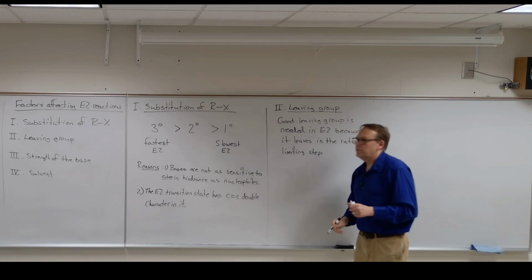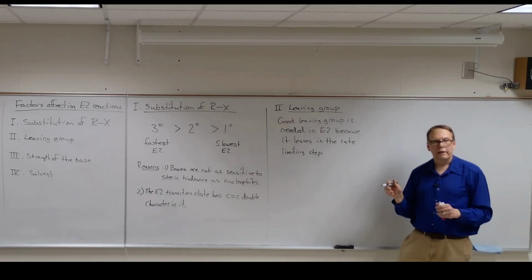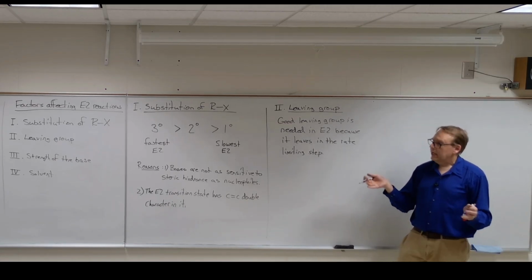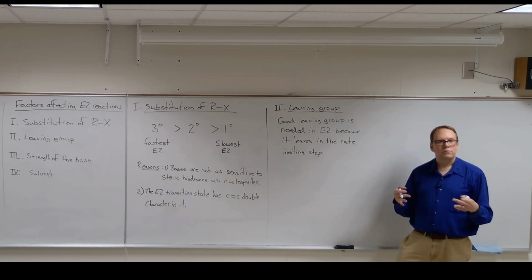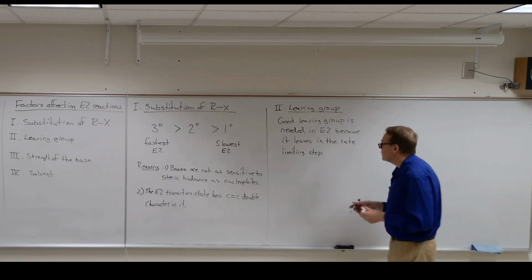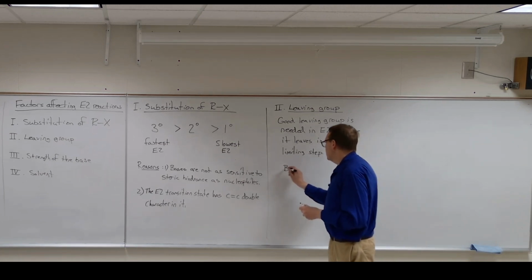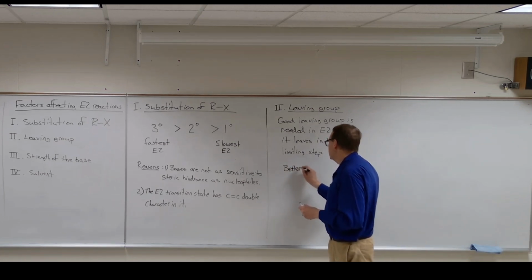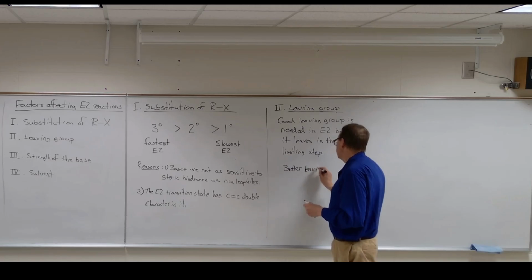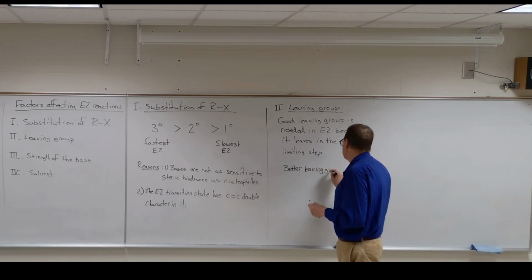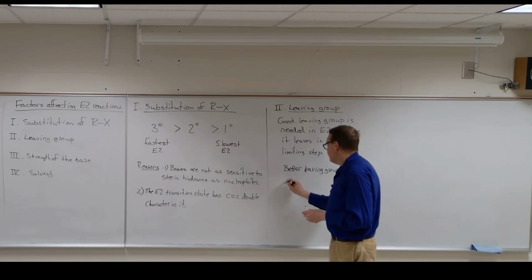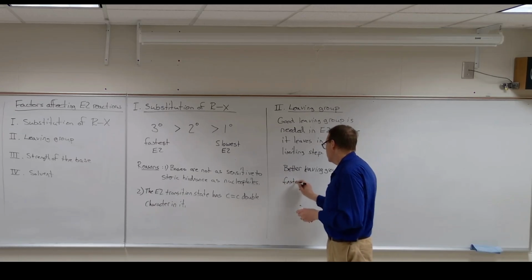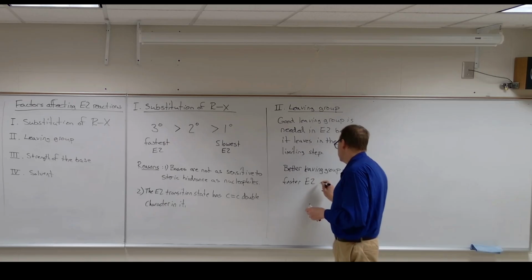There's only one step in E2, and the leaving group leaves in it. So the leaving group has to be good, otherwise the reaction won't happen. The better the leaving group, the faster the reaction. So a better leaving group gives a faster E2 reaction.